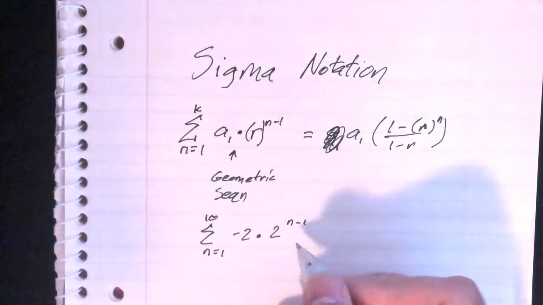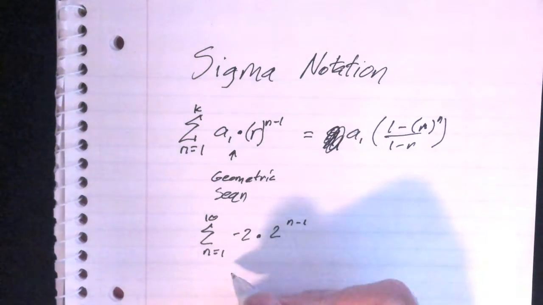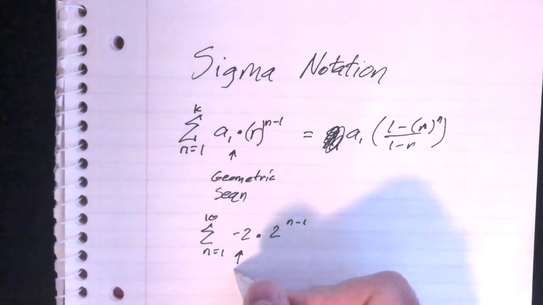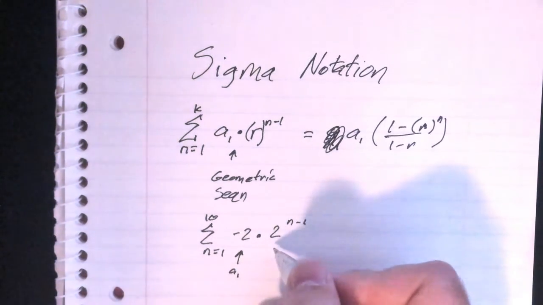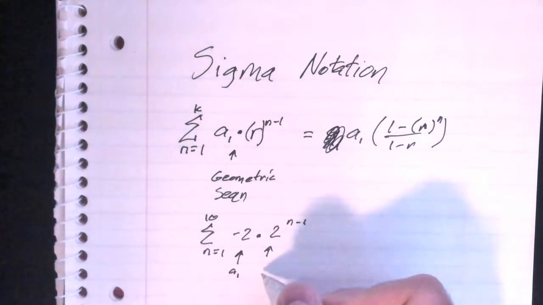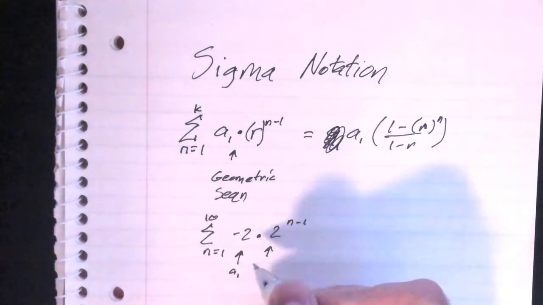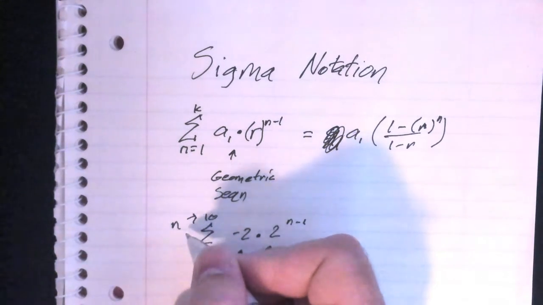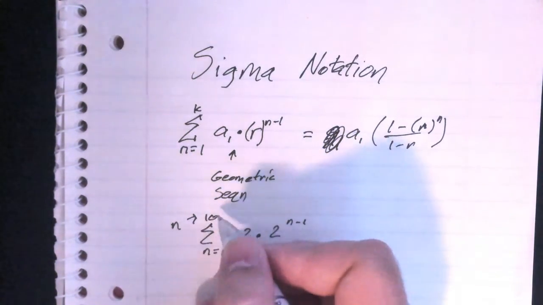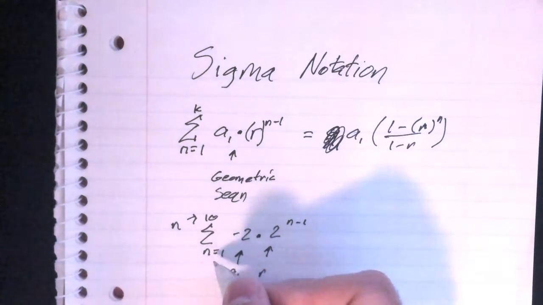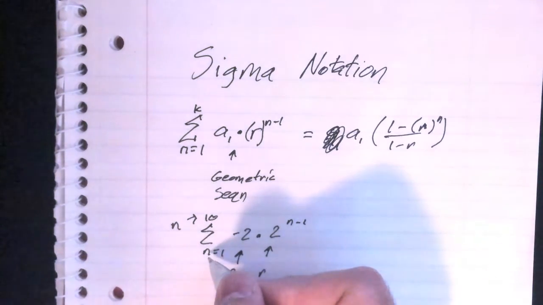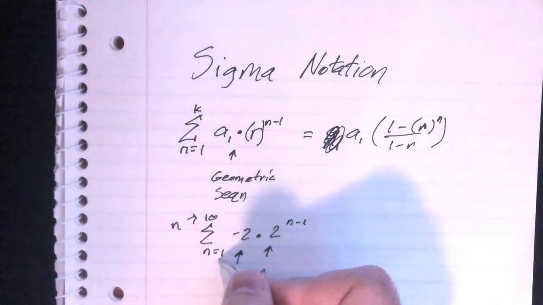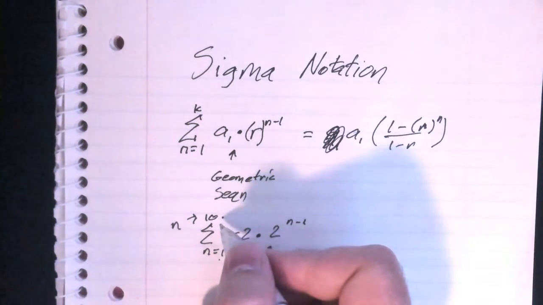What you really need to be able to do is interpret this, meaning understand that that right there is a_1, and this is your r. This up here is your n. This is your final number of terms, so don't let this throw you off. They don't always use n down here. You can use i or k or anything like that. This is telling you where to start. This is where to stop.